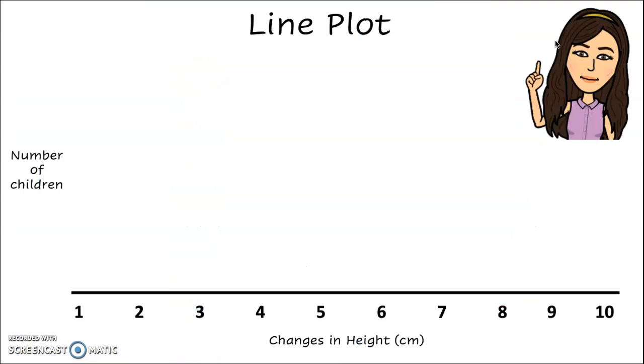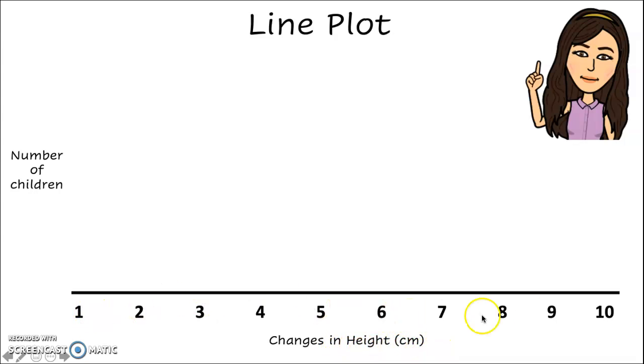Okay, friends, so you should have paused the video and you should have figured out all of the information for students 16 to 30. So now I'm going to show you how to create a line plot. So notice down here we've got a line numbered from 1 to 10. This is going to show the changes in height.